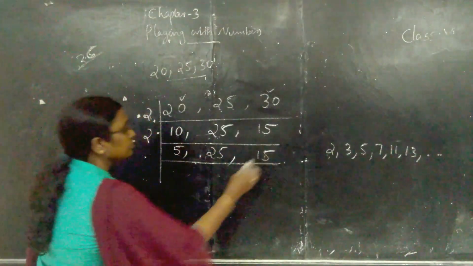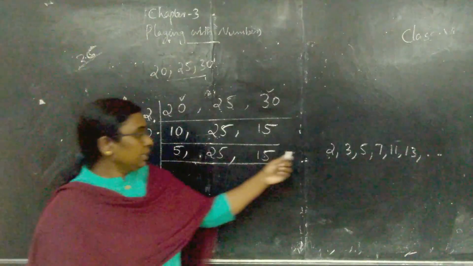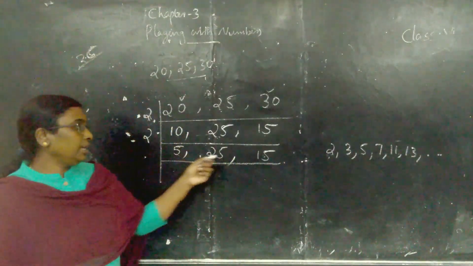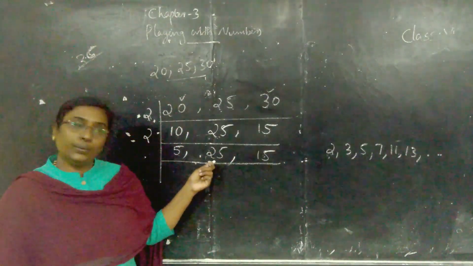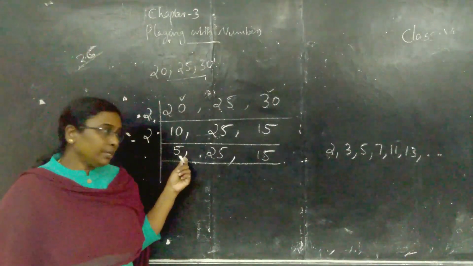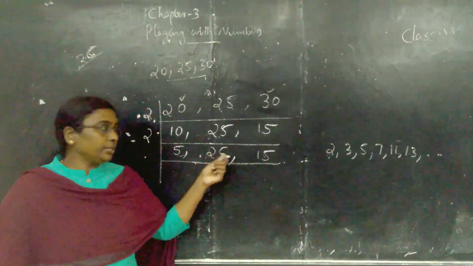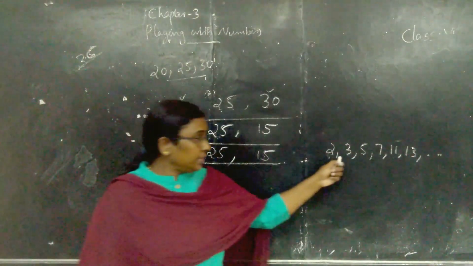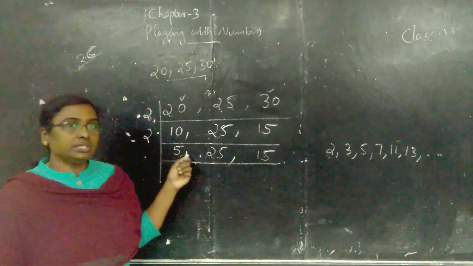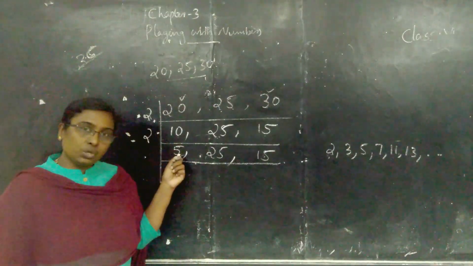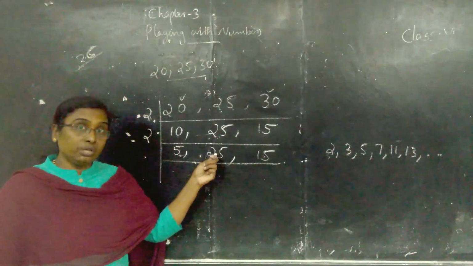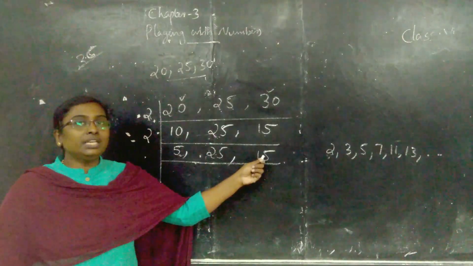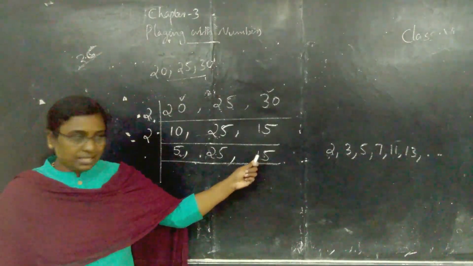Then again check whether 2 divides any one of these numbers. No. 5 is not divisible by 2, 25 is not divisible by 2, 15 is also not divisible by 2. Then check whether 3 divides any one of these numbers. 5 is not divisible by 3, 25 is not divisible by 3, 15 is divisible by 3, isn't it?